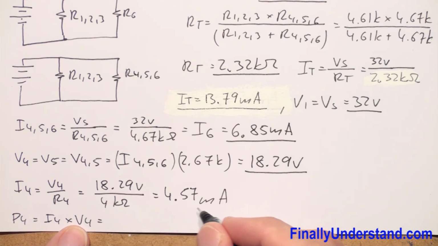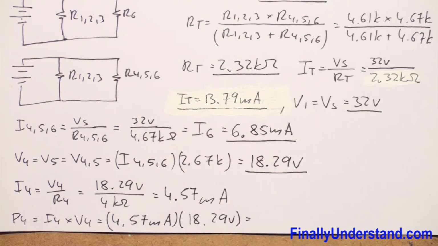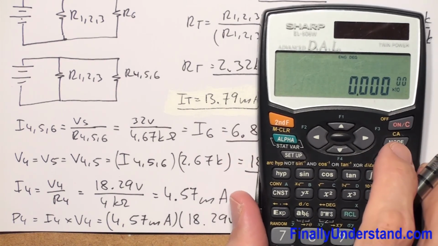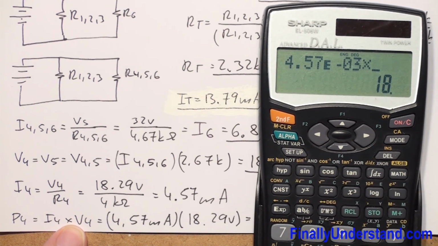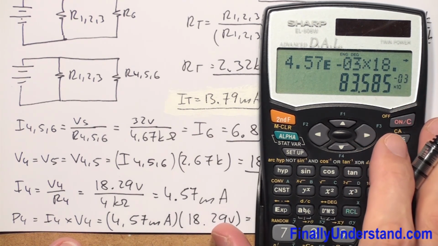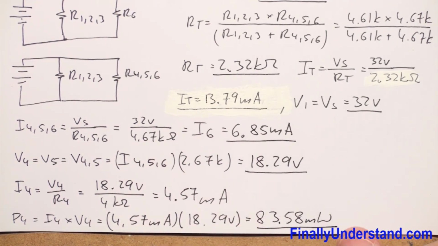I4 is equal to 4.57 milliamps, times V4, and V4 is equal to 18.29 volts. So this is 4.57 exponent negative 3 times 18.29 volts, which is equal to 83.58 milliwatts. So this is my power P4.